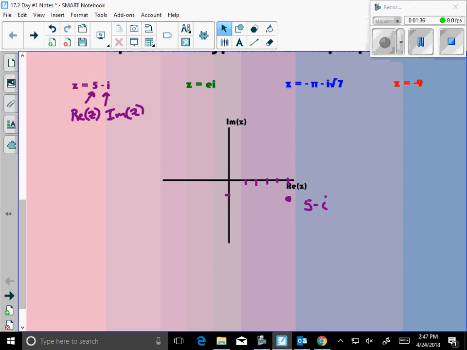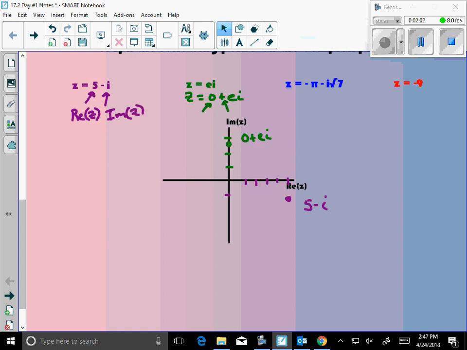Okay. The green one here, this might look confusing, but if I write it out in this form, we have no real portion. So we're not going right or left. We're just going to travel, as you can see here, up e units. And e is between 2 and 3. It's like 2.71. So that would be the point. We could write it as 0 plus ei, or just ei.